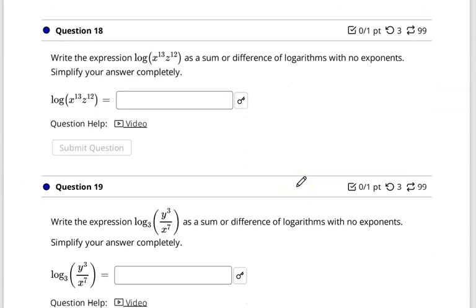There's a similar one, except going the other direction. Sum or difference with no more exponents around. Well, first we'll do the rule of multiplication. That's log x to the 13th plus log z to the 12th.